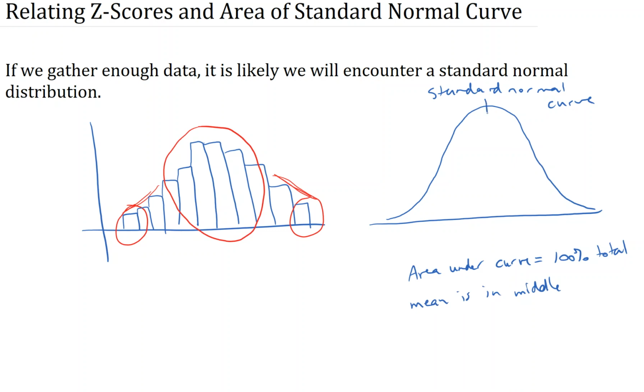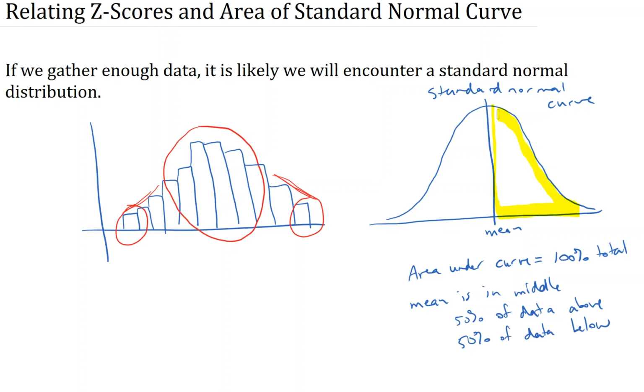If we look at this, our mean data value is right here, exactly in the middle, meaning that 50% of the data is above and 50% of the data is below. So this area that I'm highlighting in yellow is 50%.